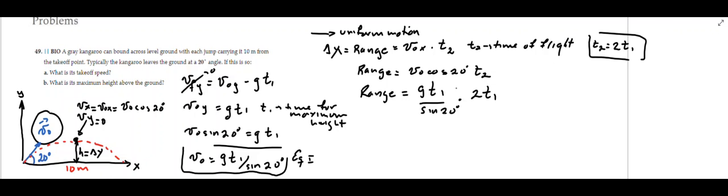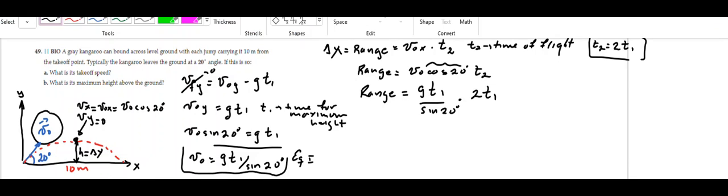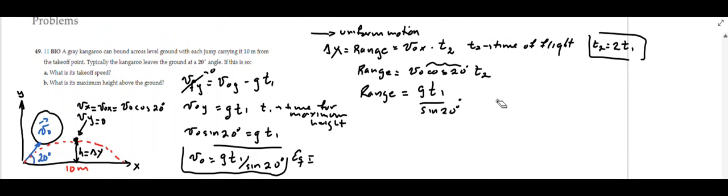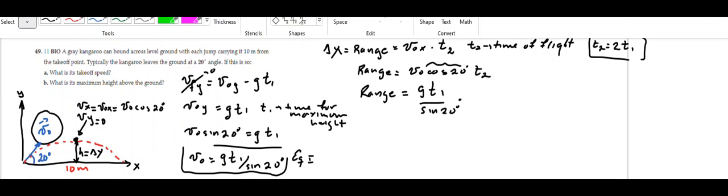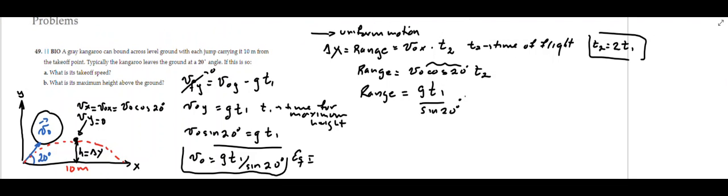Of course, we have cosine of 20 degrees here because v sub 0 is g t1 over sine of 20. So we have times cosine of 20 degrees. There is this factor over here that I didn't include, so let me erase. So I have here cosine of 20 degrees times 2 times t1.